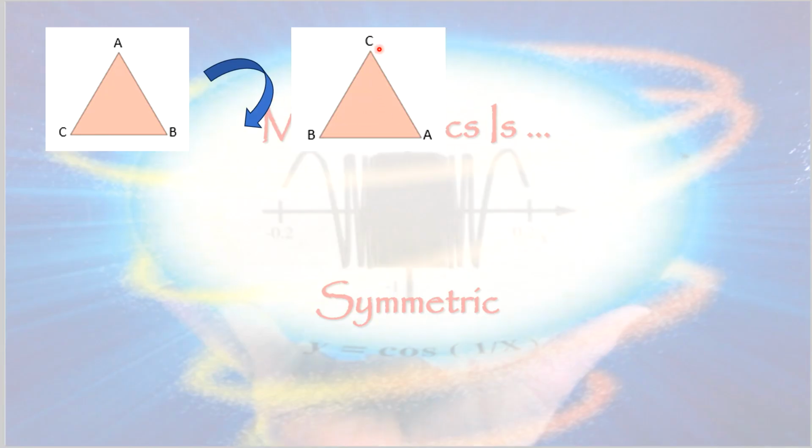The triangle is the same, but the labels have a different orientation, now read as CAB. If you rotate the original ABC by 360 degrees, you end up with ABC. This is the same as doing nothing. So the 360 degree rotation is the same as the identity symmetry.